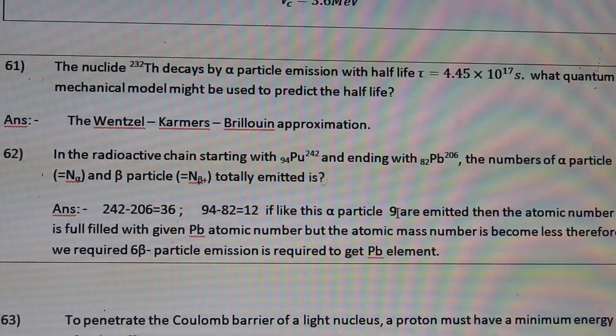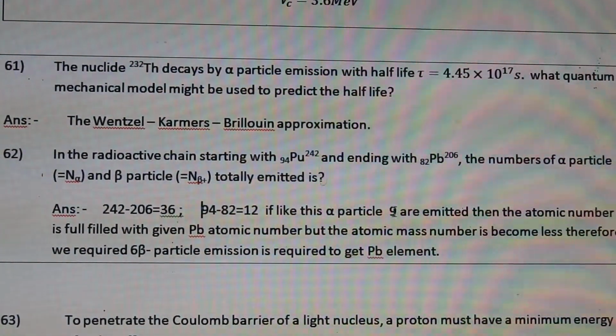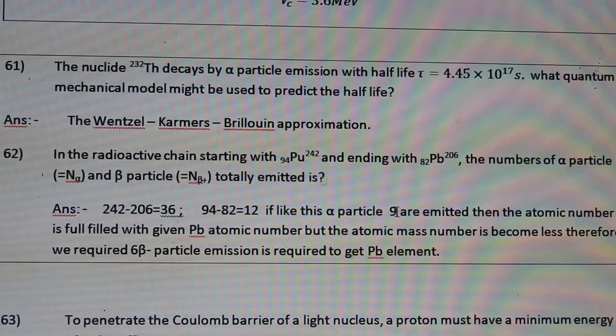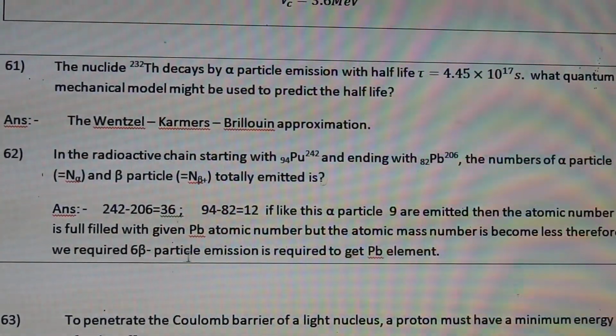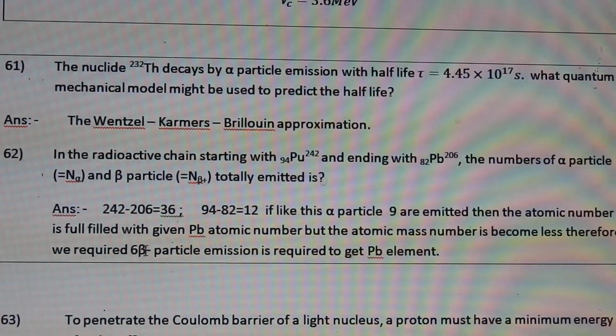So 9 alpha particles are emitted, giving 18. To come back, this atomic number reduced by 18 from 94, so 6 beta particles are required to recover.